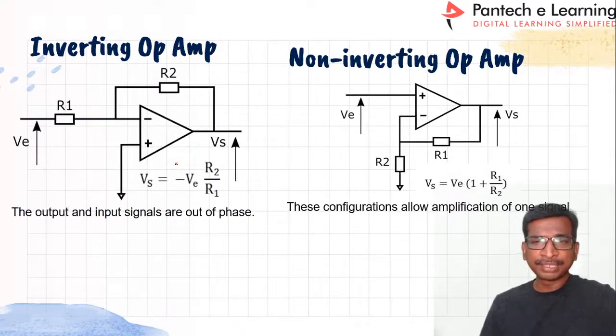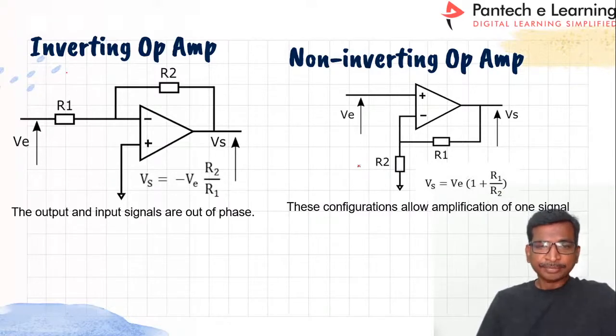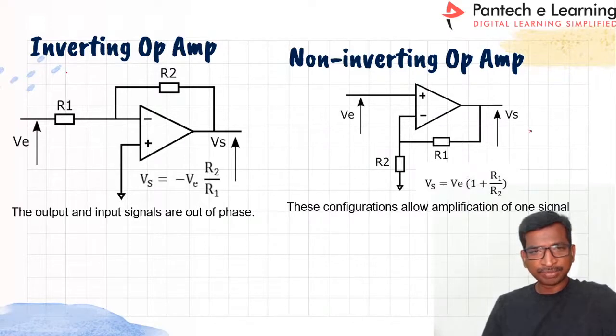Similarly, the inverting op amp and the non-inverting op amp. Whatever voltage you apply at this terminal, if the feedback is connected to the negative part, that is called the inverting amplifier. If the feedback is connected to the positive part, that is called the non-inverting amplifier. In this configuration, the output voltage to input voltage ratio will be the negative of R2 divided by R1.